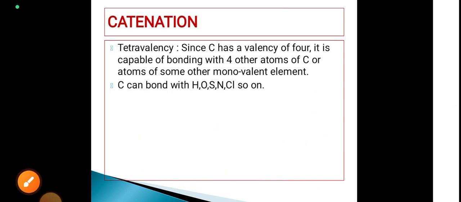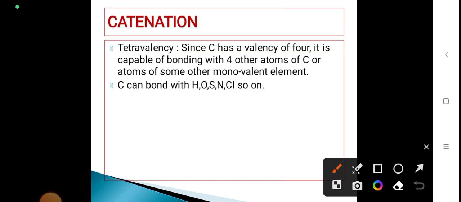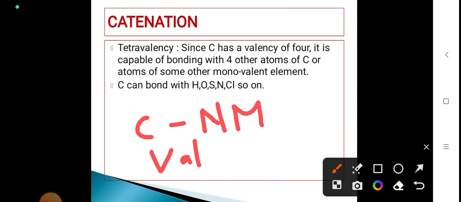And the second reason is tetravalency. We all know that carbon is a non-metal and the valency of carbon is 4, which means that carbon can form 4 bonds around itself with other carbon atoms or with any other monovalent element also.